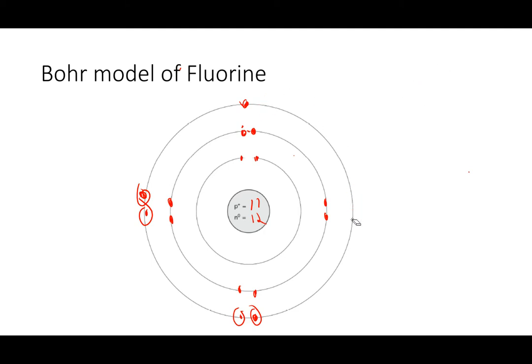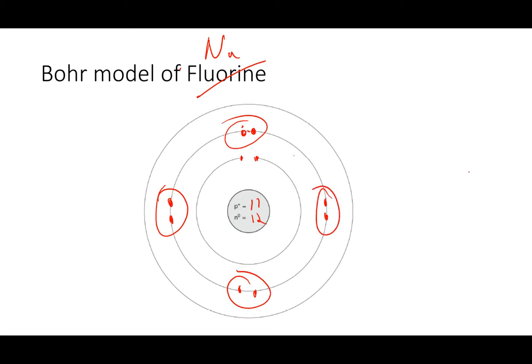So rather than gaining 7 electrons, what it likes to do is actually lose an electron. It likes to give, and by the way, this is sodium. It likes to give this electron away. And when it does that, look at how it has a full outer shell. 8 electrons satisfying the octet rule.